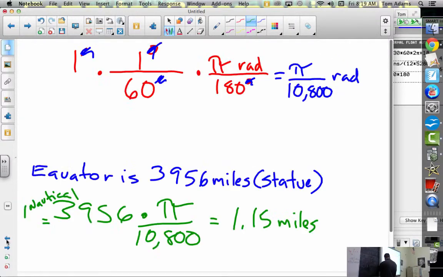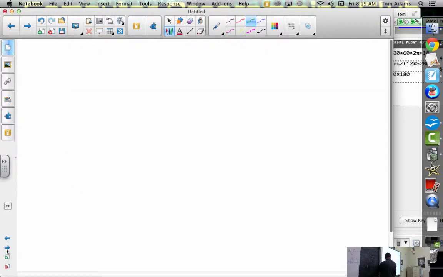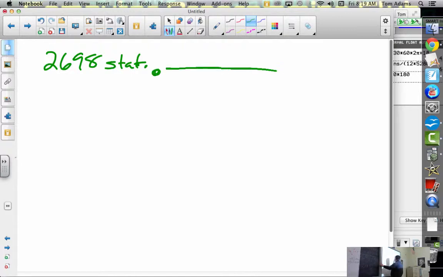She's going, what was it? 2698 statute miles, and we're going to multiply that by 1.15 is equal to 1 nautical mile.